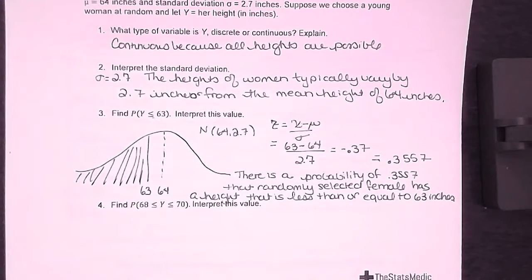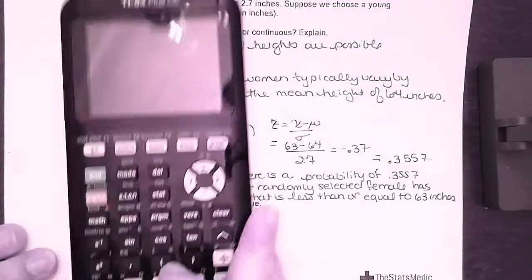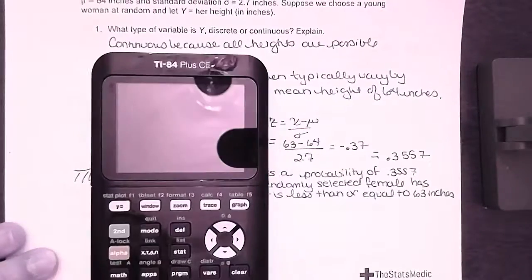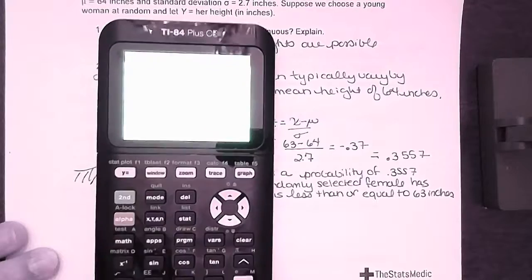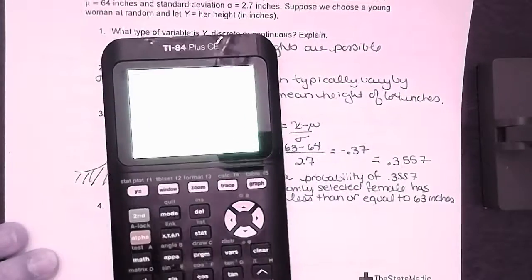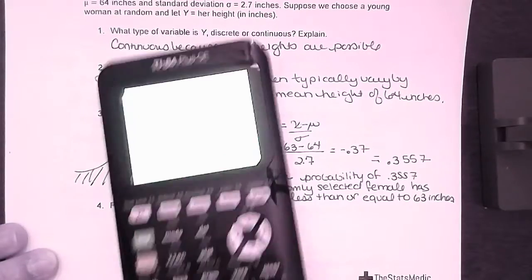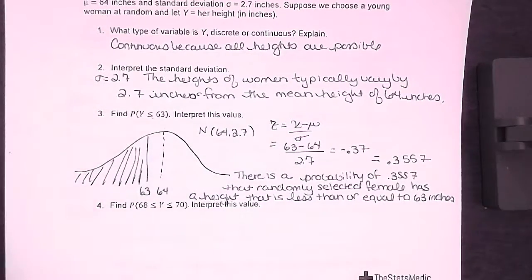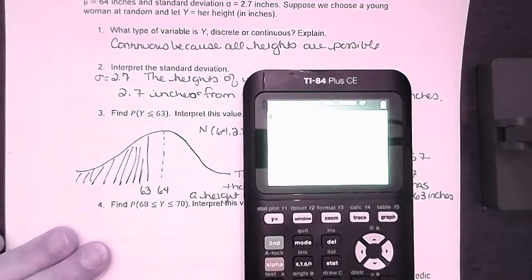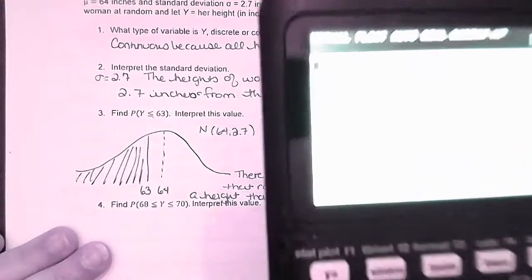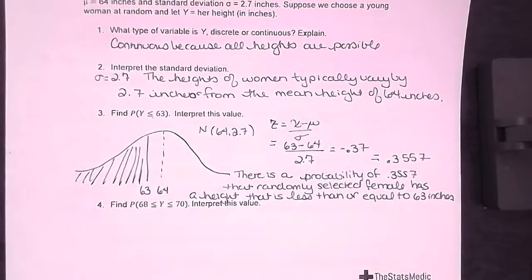Okay, now I want to show you how I would do this on the calculator. Hopefully this works. Okay, I'm just going to take you through it, I guess. That doesn't show up very well, does it? All right.